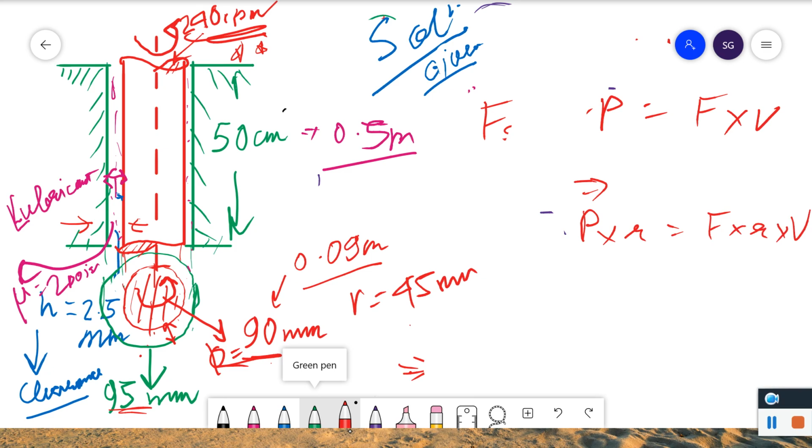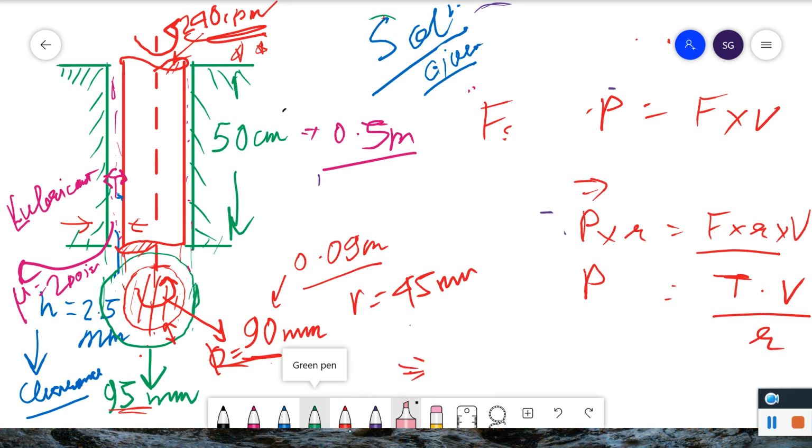Now just F into R will be torque, into velocity. And what is this?